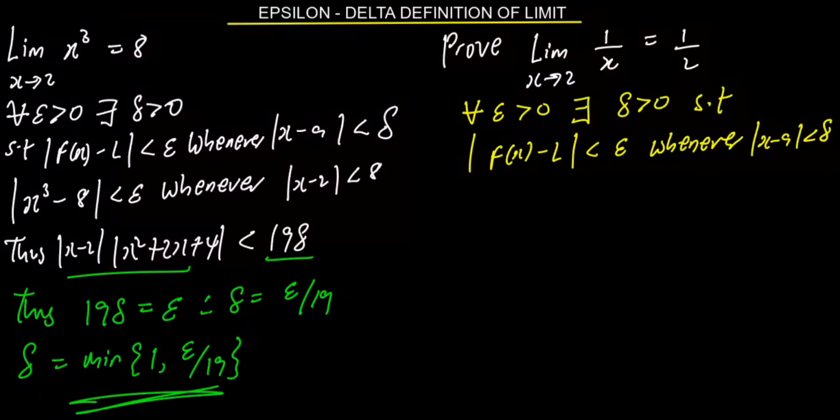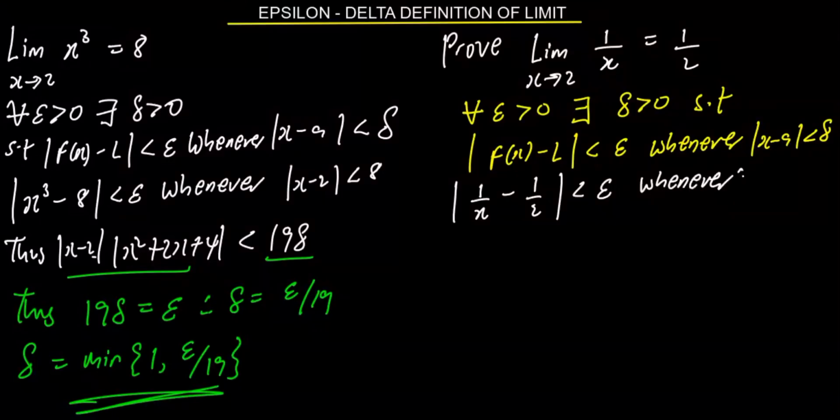Now, this is all we have. So let's see how we can prove this. Let's follow the definition step by step. f of x is 1 over x, then minus L is 1 over 2, then less than epsilon whenever absolute value of x minus 2 is less than delta.